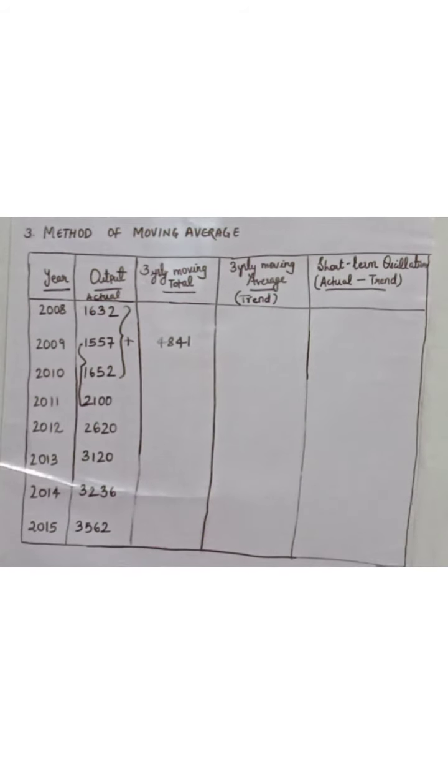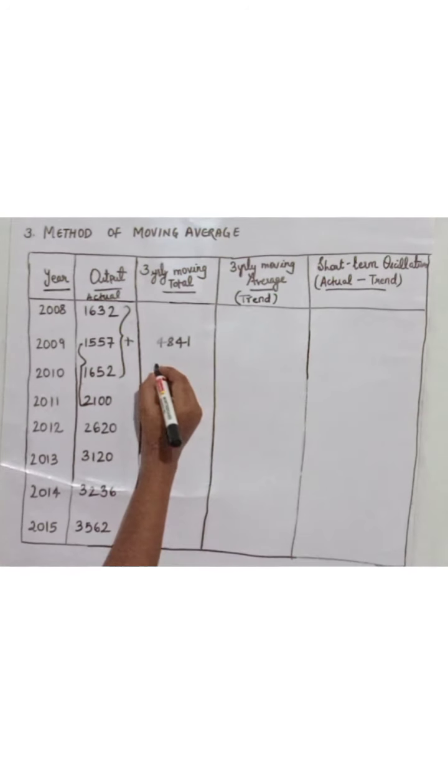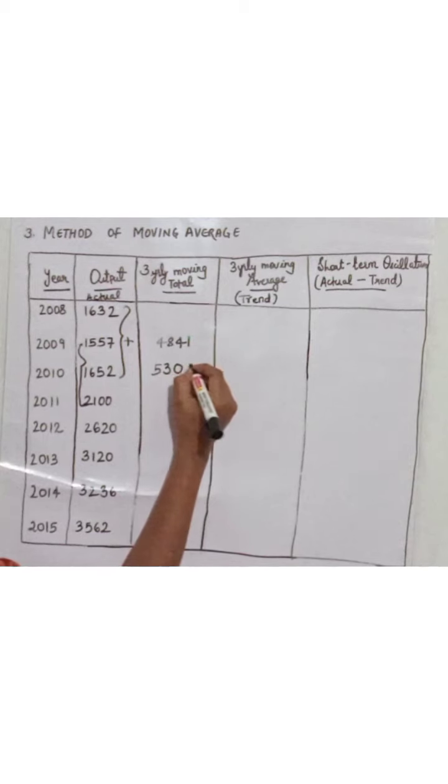Now we add them up. The addition of these three elements gives us 5309, and I will write this against the middle term, the corresponding place.